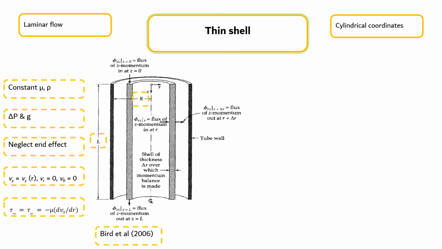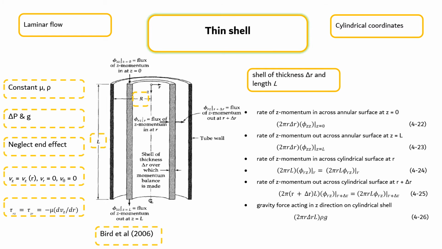We select as our system a cylindrical shell of thickness Δr and length L, and we begin by listing the various contributions to the z-momentum balance as shown in equations 4.2-2 to 4.2-6.